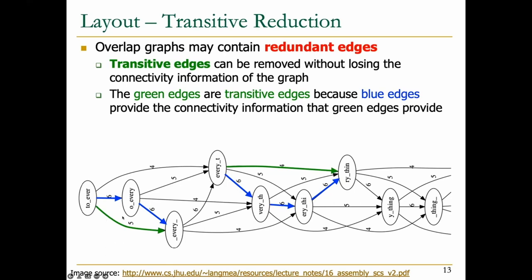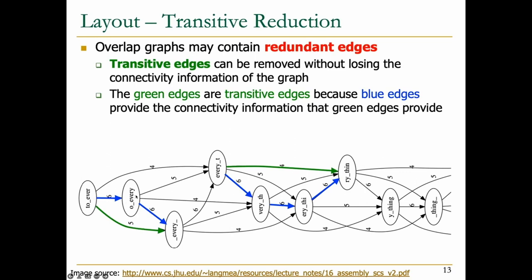Because the step that we're going to take is basically to remove this one, because we will know that the connectivity information will not be lost. But if we removed these blue edges rather than the green one, then we would essentially lose the connectivity from here to here, right?